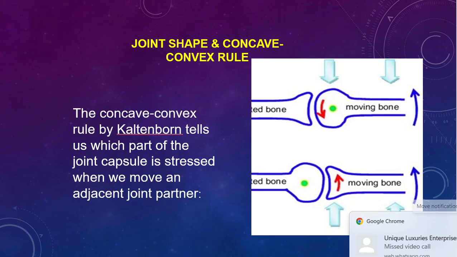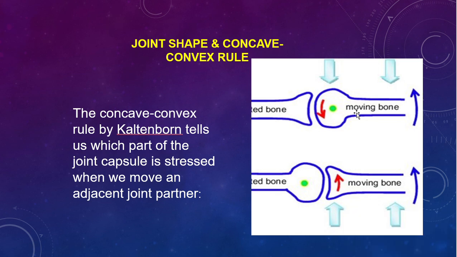Now, if you look at the diagram that I projected, you see there are two joints. Look at the joint above. There is a bone on the left hand side, which is concave, and there's another bone on the right hand side, which is convex. Now, we talk about moving bone and stable surface.